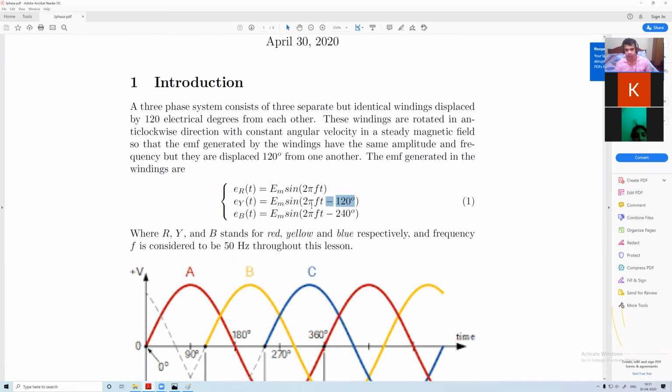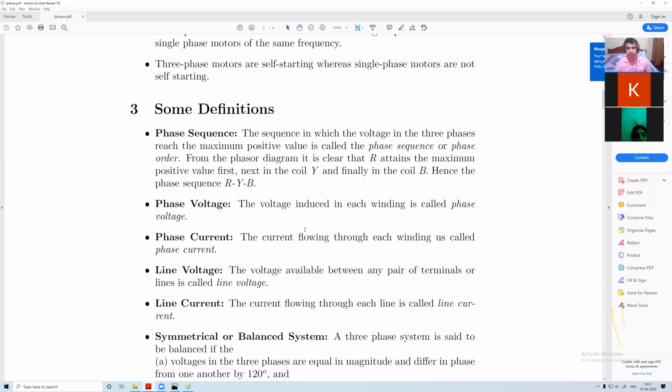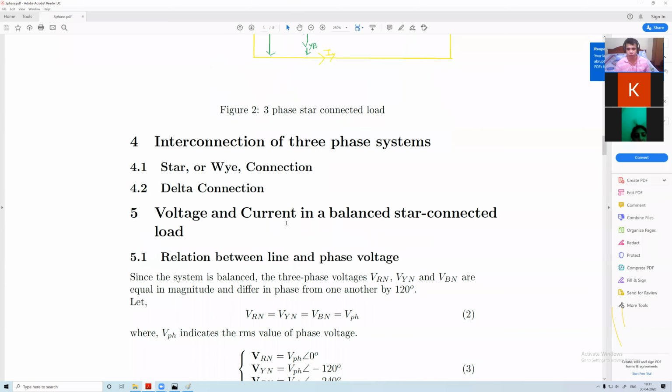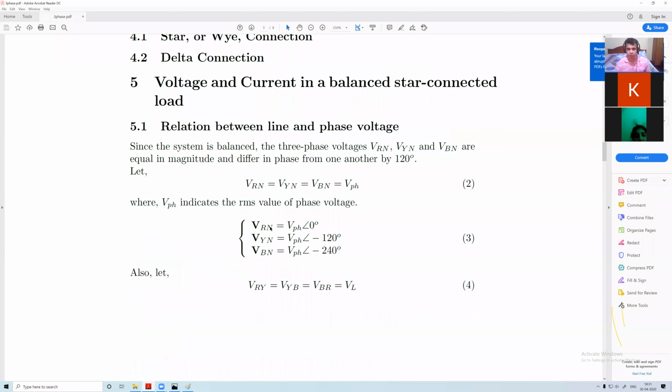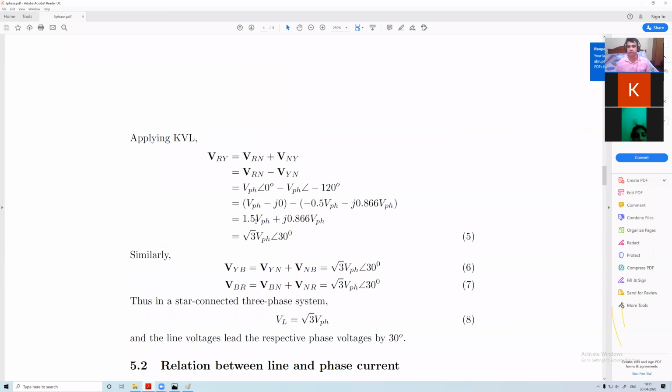See, red and yellow, 120 degree phase apart. The pictures are not so good. That's why it could be a problem. I couldn't get good pictures. Whatever pictures I got from the net, whatever else I had to draw by myself.